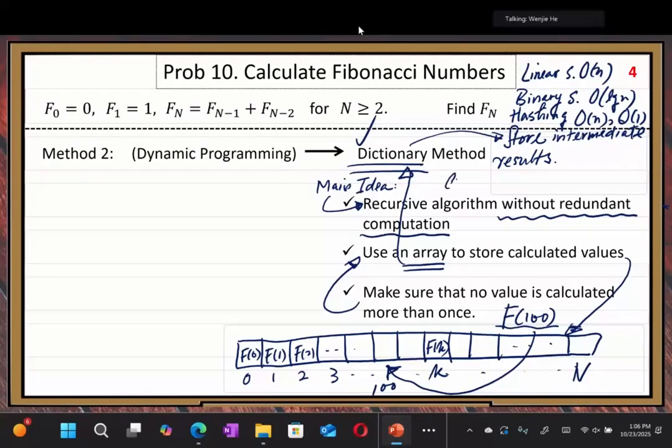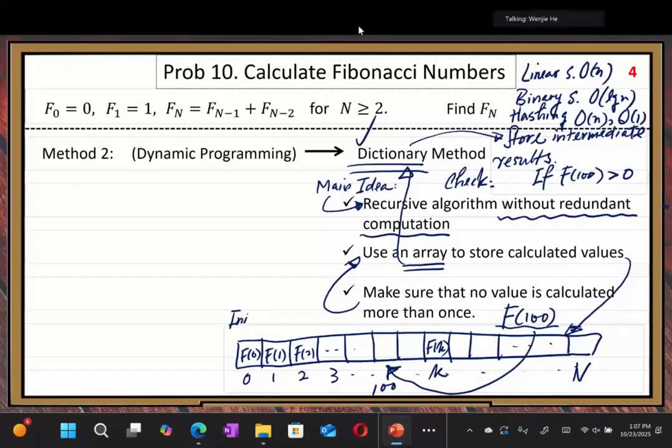We check this condition. If f of 100 is greater than 0. That's the checking. Because in this array, we need to initialize the array, right?